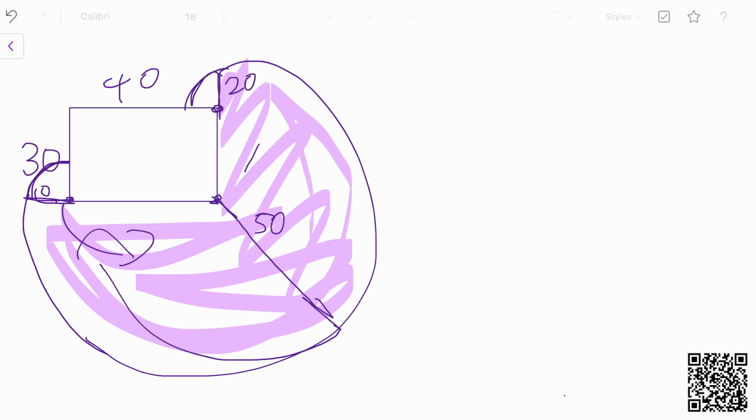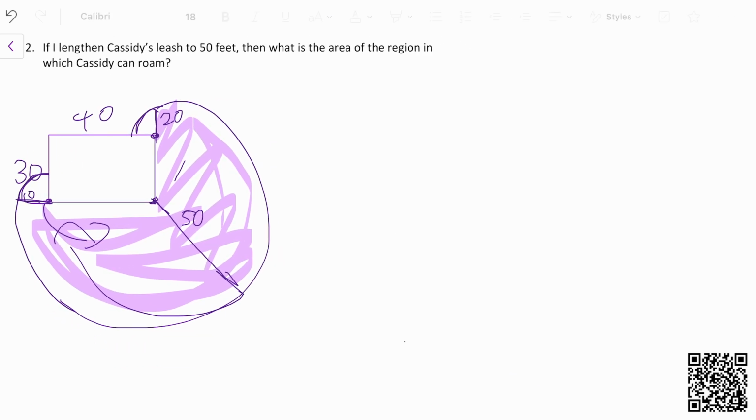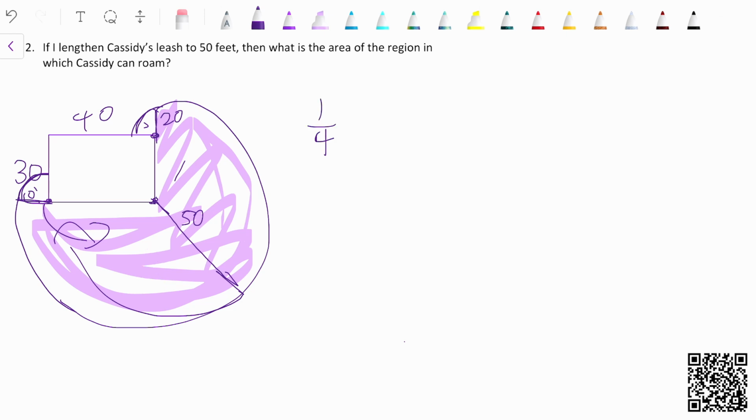Therefore, to calculate the total area of the region, since this is 1/4 of a circle, this is 1/4 of a circle, and this is 3/4 of a circle, we get 1/4 times pi 10 squared plus 1/4 times pi 20 squared plus 3/4 of pi 50 squared.